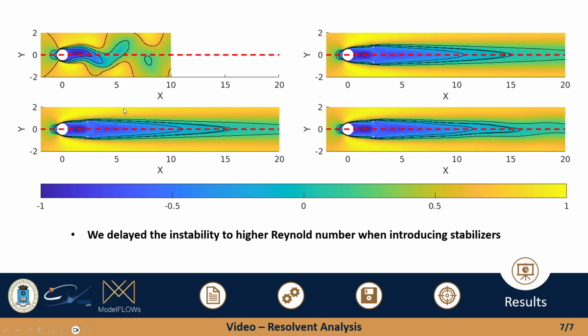If we amplify the forcing to 60 or even 70, we can see that maybe some oscillations start to happen really far in the wake of the flow. But so using this resolvent analysis, we have delayed the instability to higher Reynolds numbers.